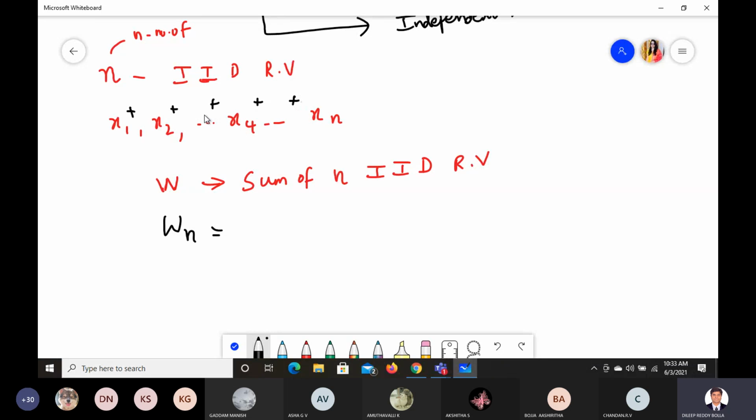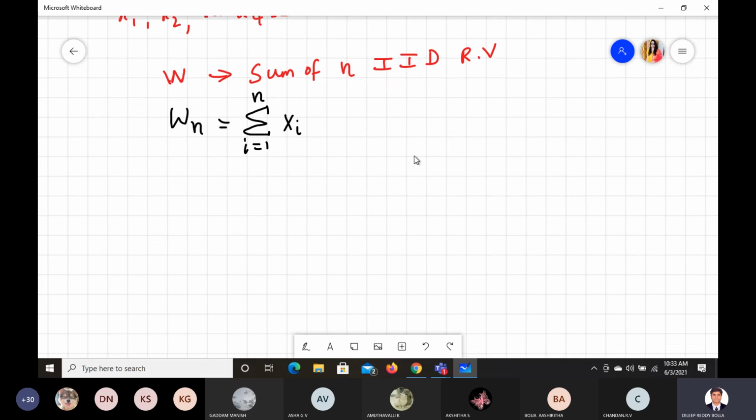But is there any simple method to write this? Summation. Exactly. So summation over i, where we assume i equals 1 up to n, of x with the corresponding subscript i. This is for the independent identical random variables.